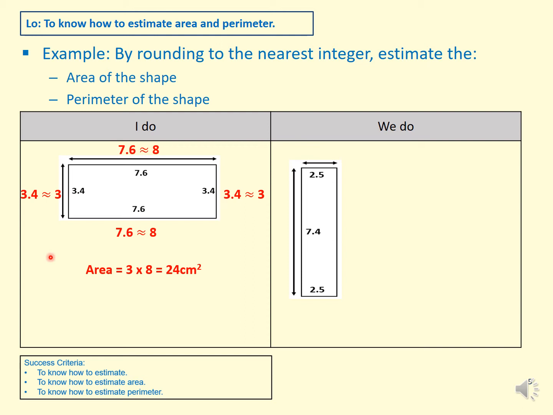Make sure you use the numbers that you rounded because the question is asking you for an estimate. If you add these numbers, you get 22 centimeters. Make sure the unit for perimeter stays as it is. So now pause the video and have a go at the video question.